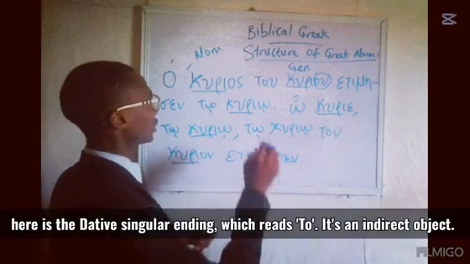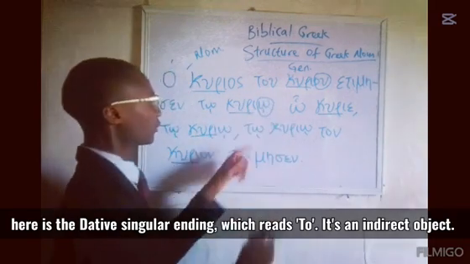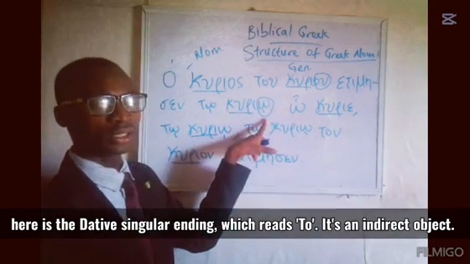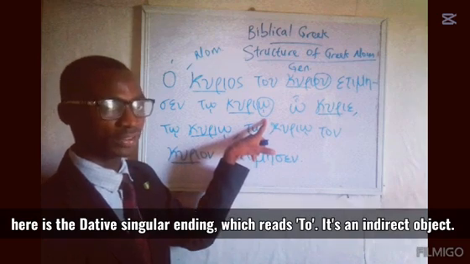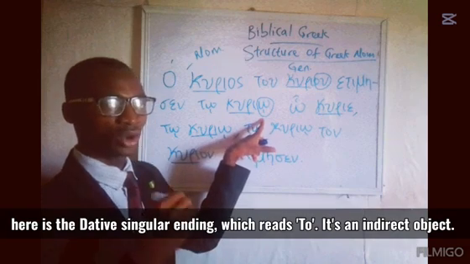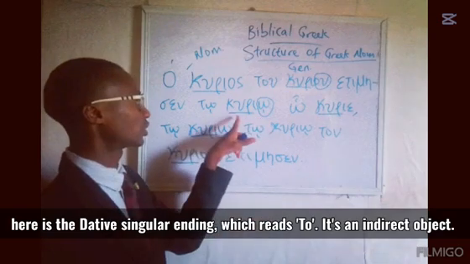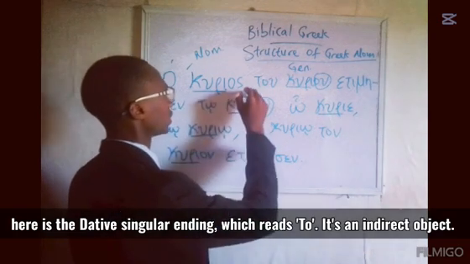Now this is the form for the dative case, which reads to. Now this dative is the indirect object. So it functions as indirect object, that's to the Lord. So this one is the dative case.